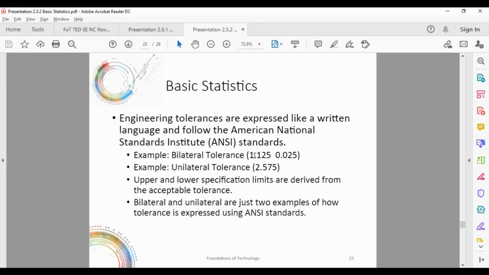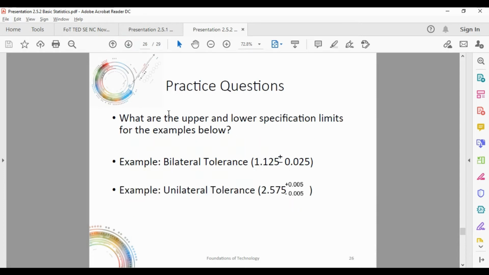Bilateral tolerance, where they may tell you what the ranges are, the maximum and the minimum, or they may write it in such a way that it shows up in 2 points. Unilateral tolerance. The upper and lower specification limits are derived from acceptable tolerances, and that's often where the standard deviation comes into play. Bilateral and unilateral are just 2 examples of how tolerance is expressed using ANSI standards. There are other ways to do it, but these are going to be the ones that we focus on the most.